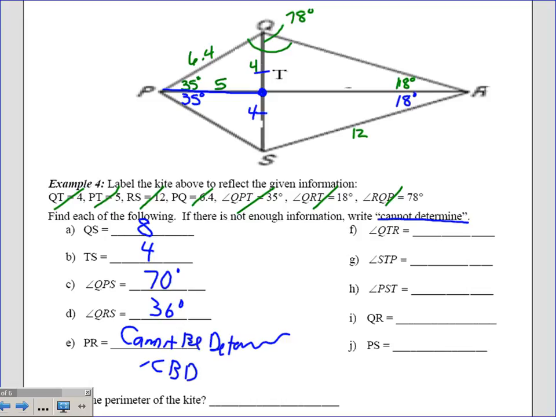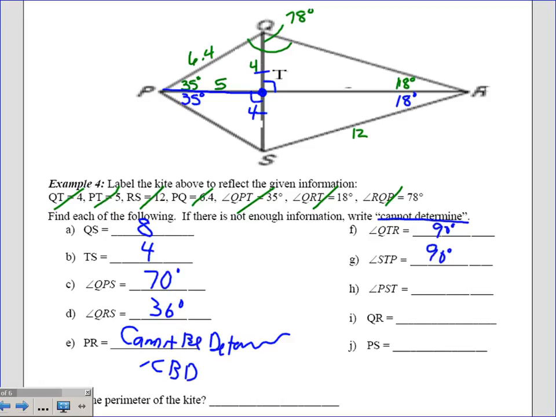Angle QTR. Can we figure out what that is? What is that? 90 degrees. That's easy. Okay. Angle STP is right here. That's also 90 degrees.